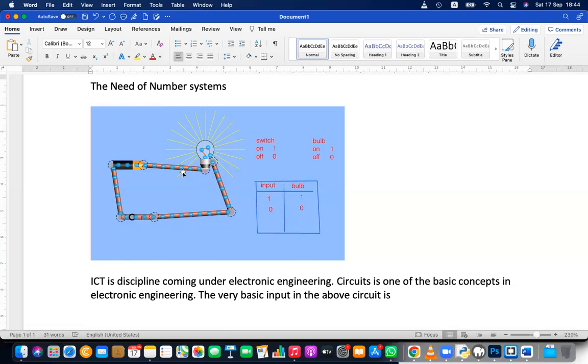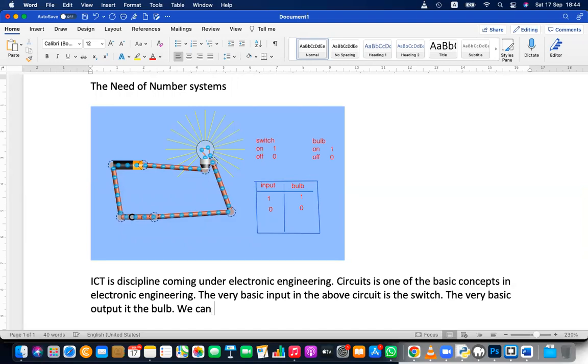The very basic input in the above circuit is a switch. The very basic output is the bulb.